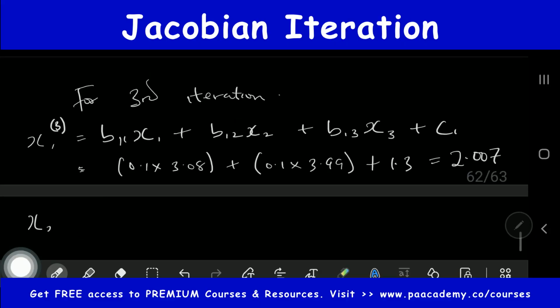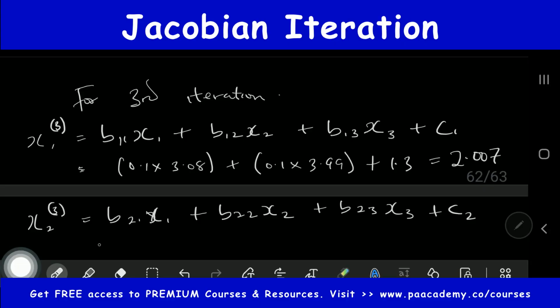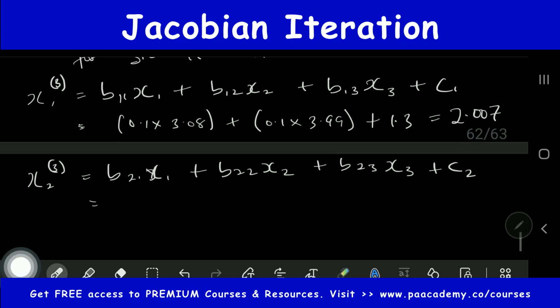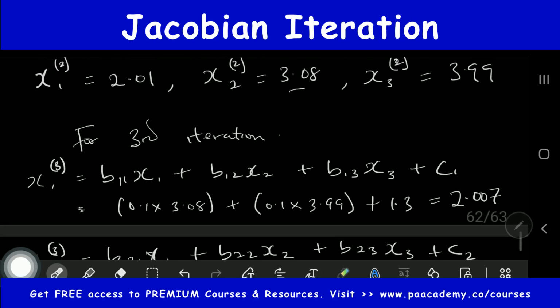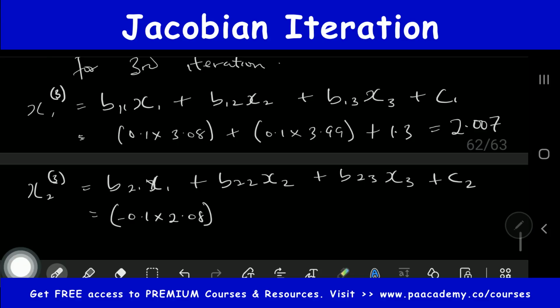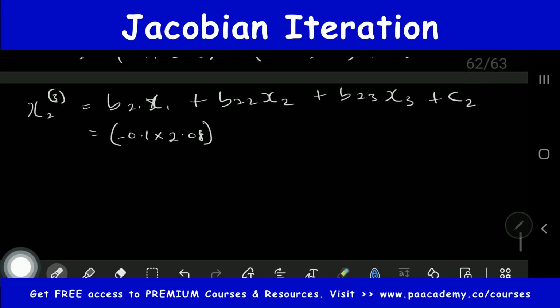So let's go to our x2 in the third iteration again. By now you should be familiar with this: b21 x1 plus b22 x2 plus b23 x3. So if you put in all of this now, our b21 will be minus 0.1 times 2.01.